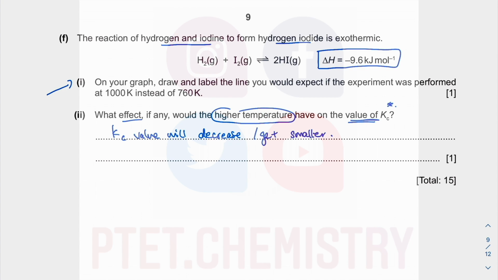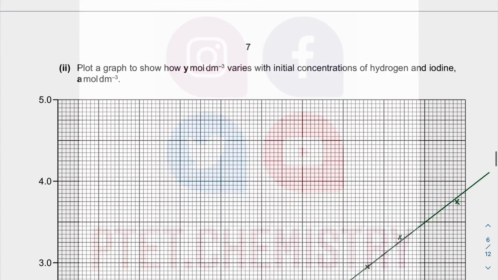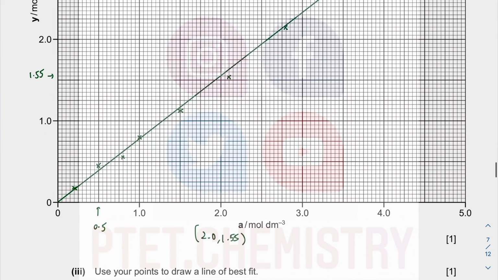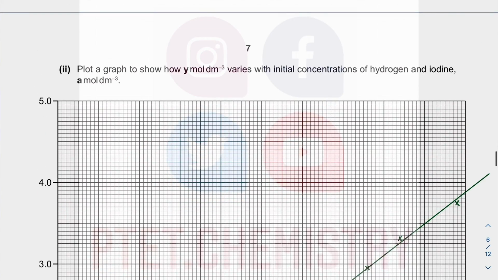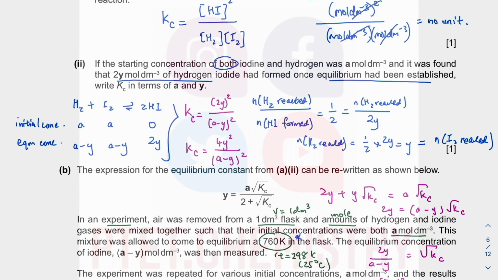Okay, so our graph, this is what happens. The equilibrium shifts that way at higher temperature. What does our graph show? Our graph shows y against A. And what was y against A? You have the starting concentration of A in mol per dm cubed, and then you produce 2y mol per dm cubed of HI.